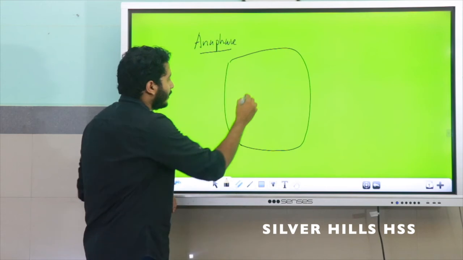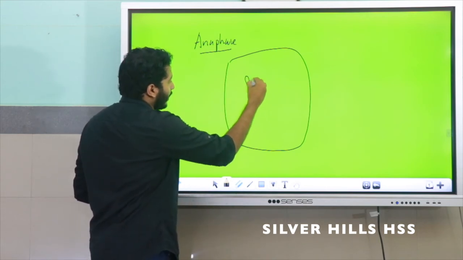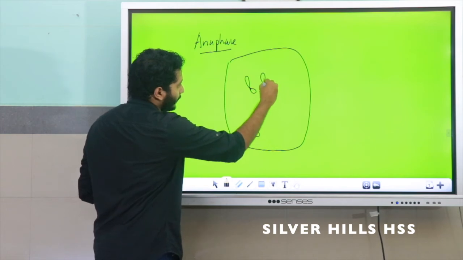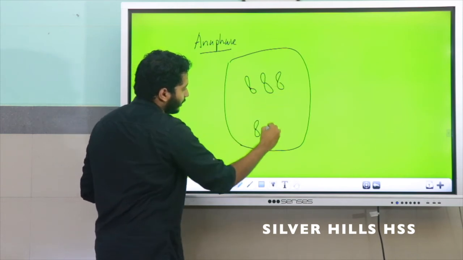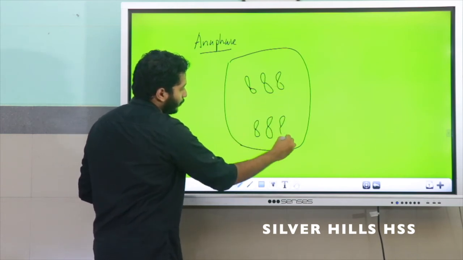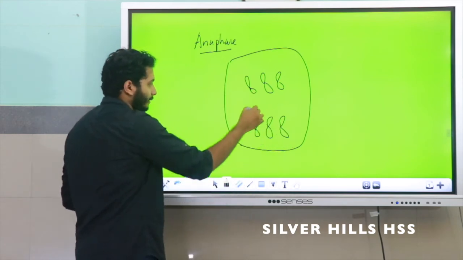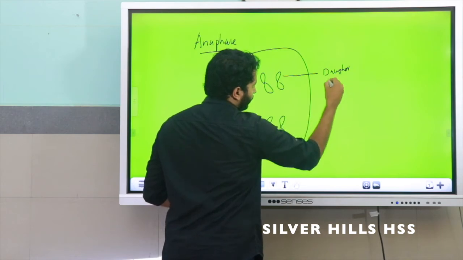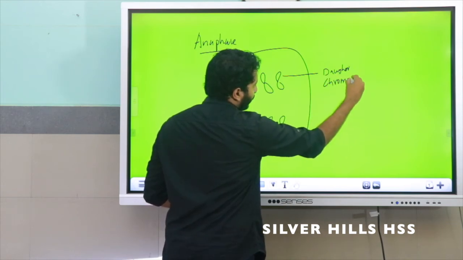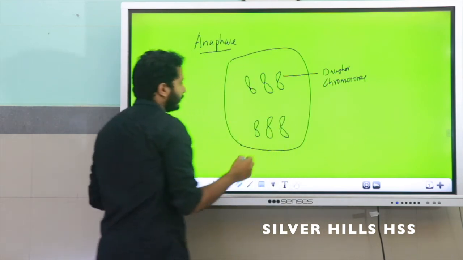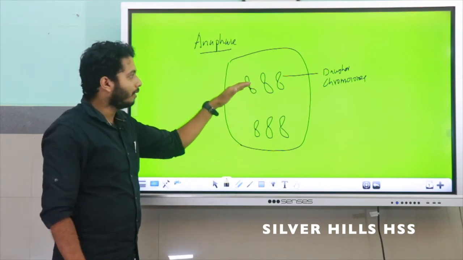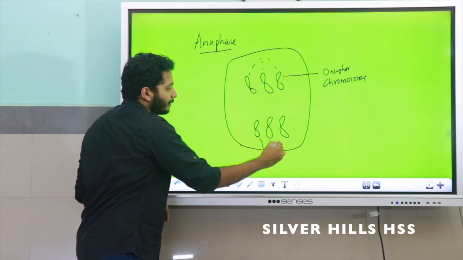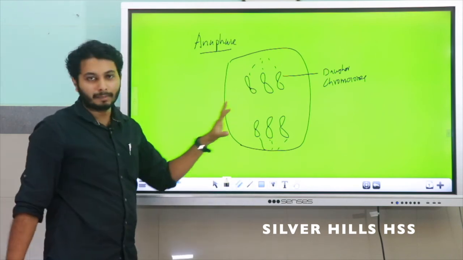As a result, the chromosomes separate from the equatorial plane and move towards the poles, and these separated chromosomes are called the daughter chromosomes. This movement is due to the pulling of the spindle fibers towards the poles.